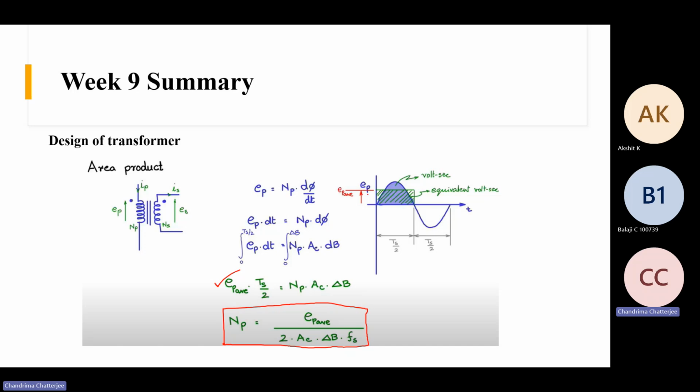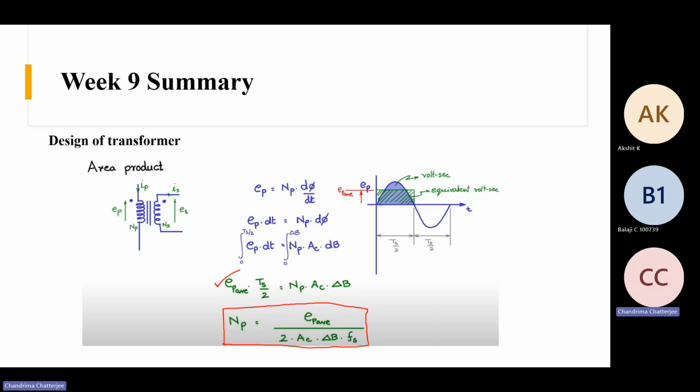The important thing is that volt-second balance is maintained. If volt-second balance is happening, then there is no problem. The voltage can be square wave, sinusoidal, or any random shape, but volt-second balance has to be maintained. That means the average voltage across the winding in a complete cycle should be zero. There should be no average voltage across this winding.